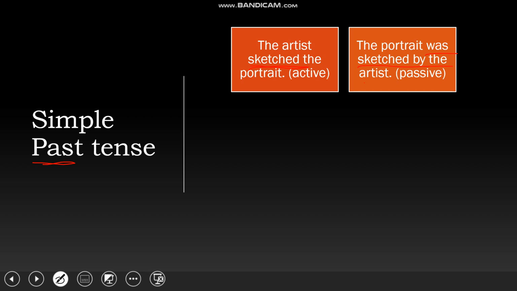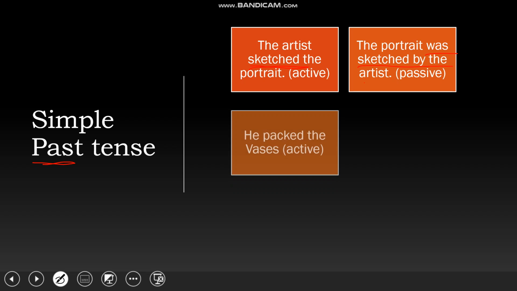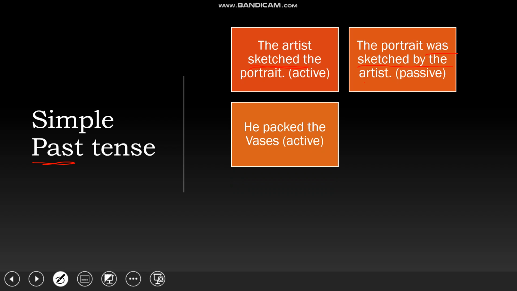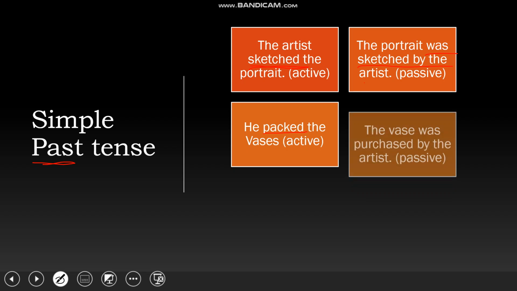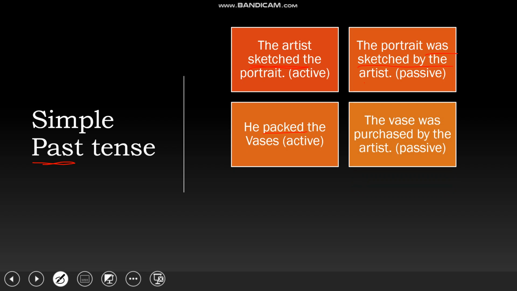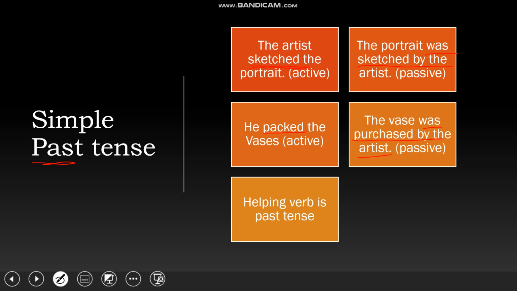This sentence is in passive voice. He packed the vases. This is in active. The vases were packed by him. This is in passive voice. The helping verb is in past tense. That's how you get to know that it is in simple past tense.